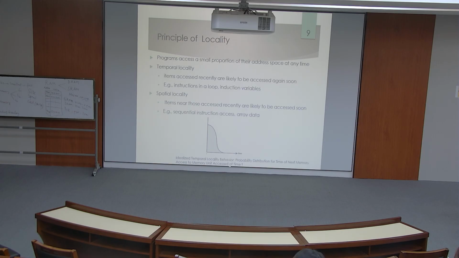If the CPU has accessed the data at memory location i, there is a high probability that the next memory location, i plus 1, will be accessed. This is what we call spatial locality. For example, sequential instruction access and array data.